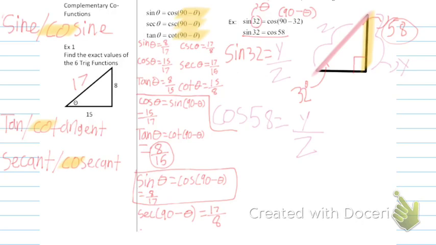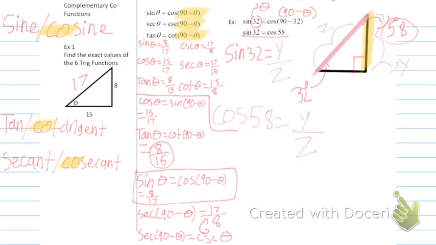Because secant of 90 minus theta equals cosecant of theta. So both of these are the same. Cosecant of theta equals 17 over 8.